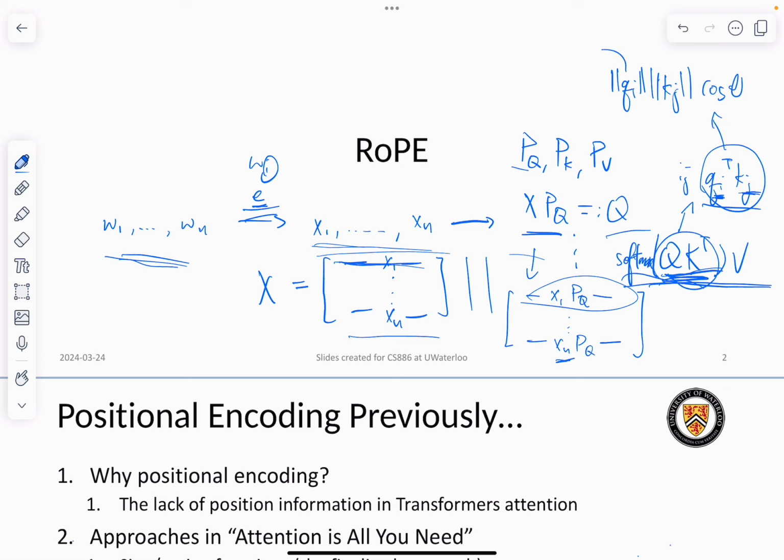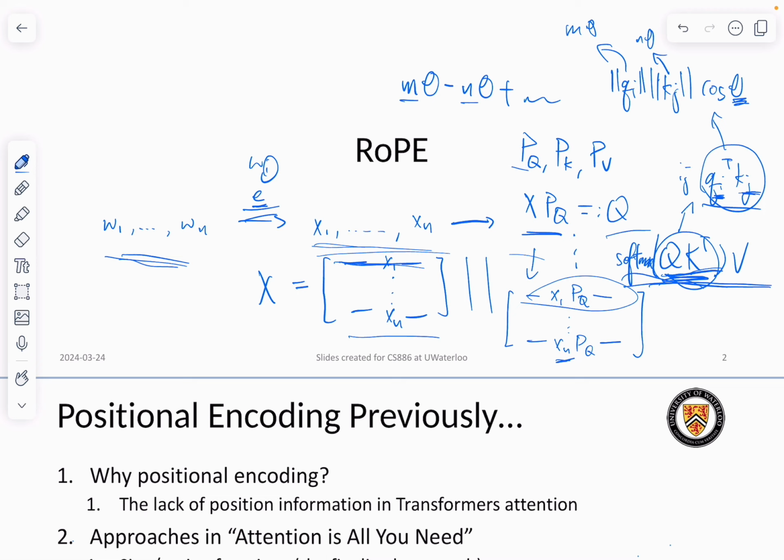If this is rotated by m theta and this by n theta, then the angle is going to be something like m theta minus n theta, plus some smaller value. So if m minus n is large, the angle is going to be large, so the cosine value is going to be small, and the signal won't be as big.